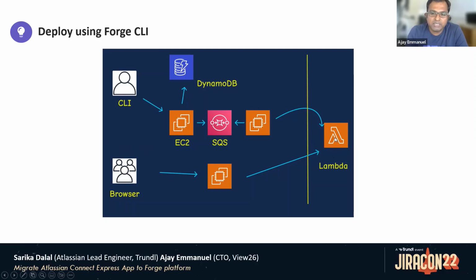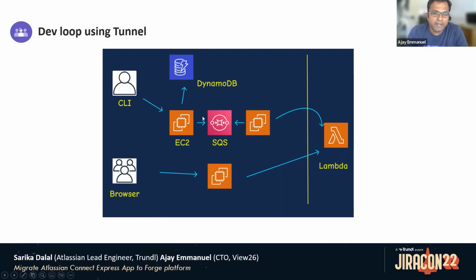The Lambda function, depending on the permission scheme of the app, can make external calls or call internal Atlassian Jira product APIs. You get the data. The data gets back to the Forge services where it gets rendered. So you might be using a custom UI. You could be using the Forge UI kit. That in turn gets rendered back to the browser.